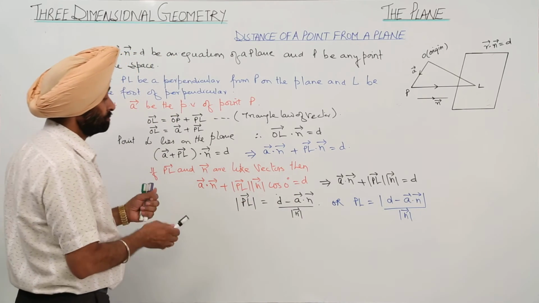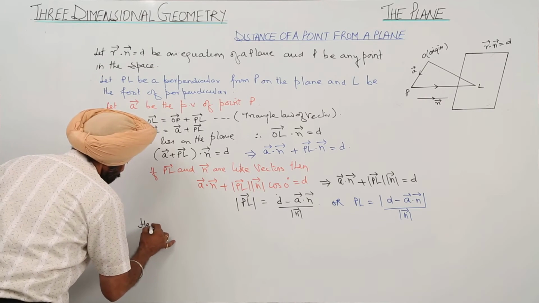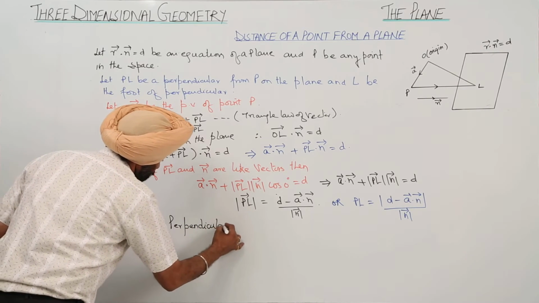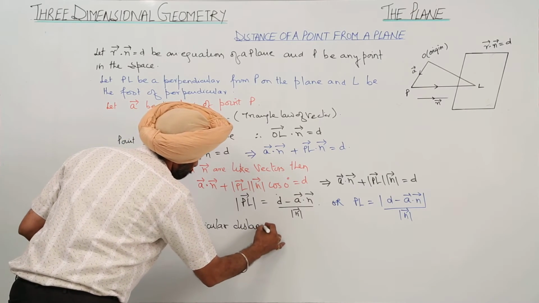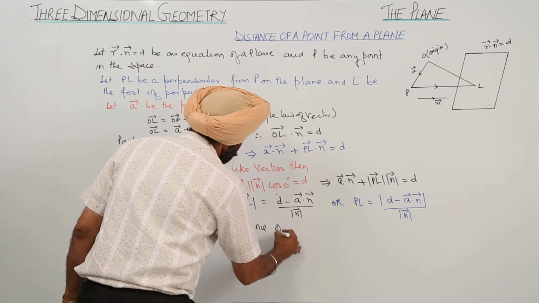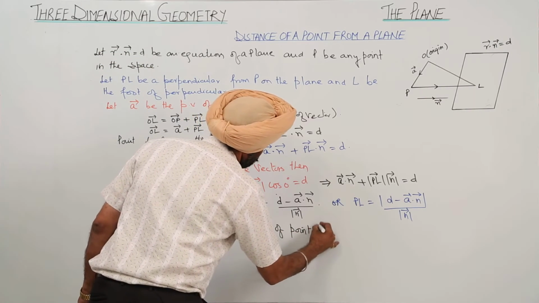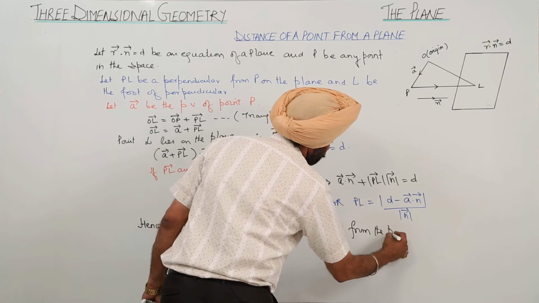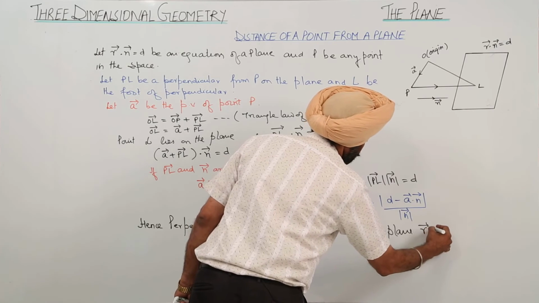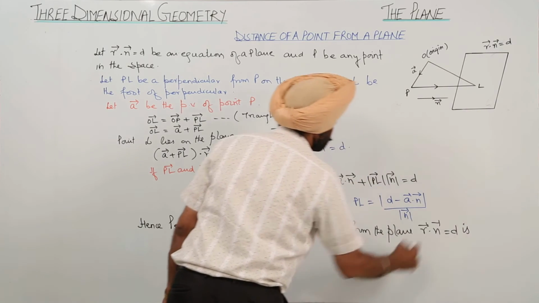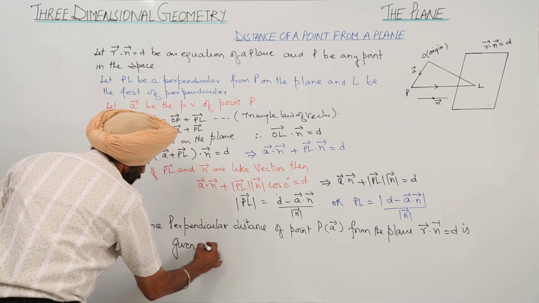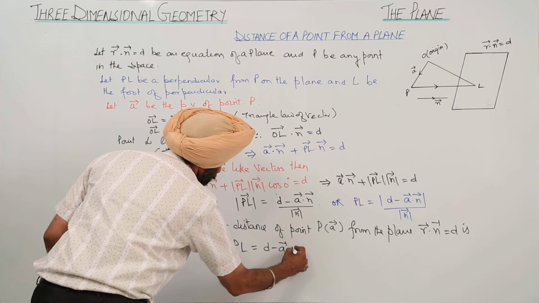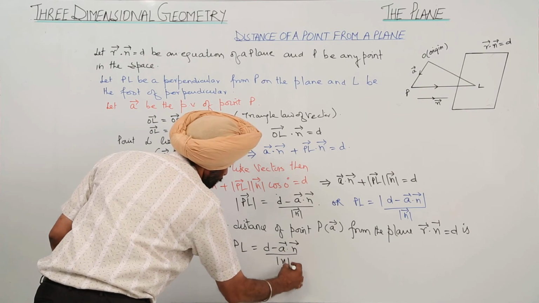Okay. Now, hence perpendicular distance of point P with position vector A from the plane vector r dot vector n is equal to D is given as PL is equal to D minus vector A dot vector n upon magnitude of vector n.